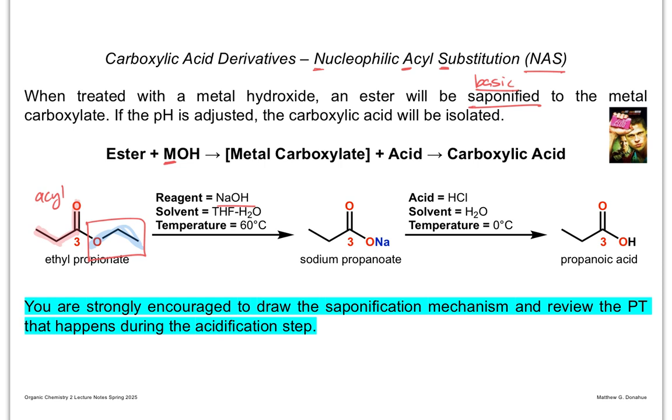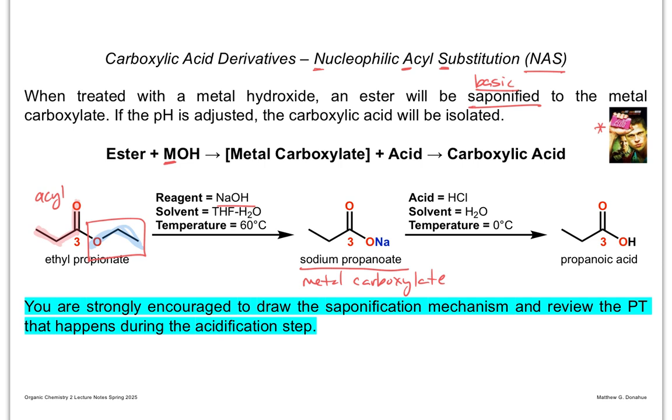So in the mechanism, we have to show neutral or negative charges. And so that generates the metal salt, the metal carboxylate. Historically, those were used in soaps, and that's the reference to Fight Club. They were making soap.